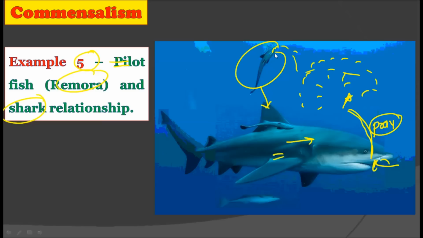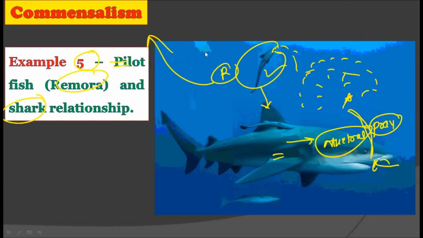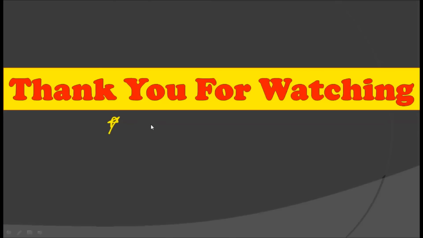These food particles are taken by the remora fish. In this way, the remora fish doesn't have to hunt, while the shark is neither benefited nor harmed, and that is why it remains neutral. So the neutral shark and the benefited remora form a commensalism type of relationship. So this is the typical concept of commensalism.